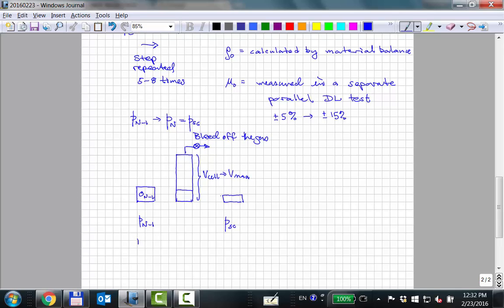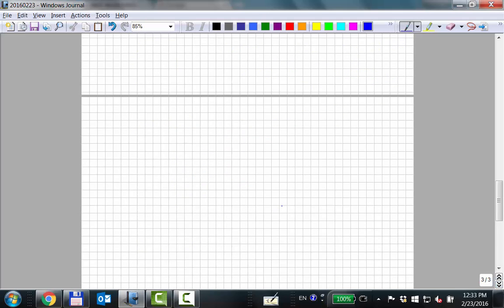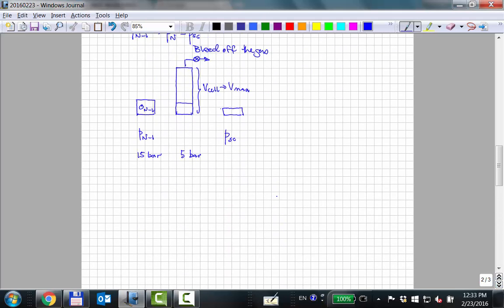So this might be at 15 bar, just as an example. Maybe it reaches 5 bar before it maxes out. But at some point, from 5 bar down to the 1 bar, this gas will be bled off.